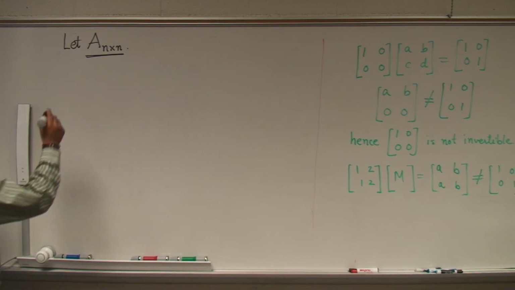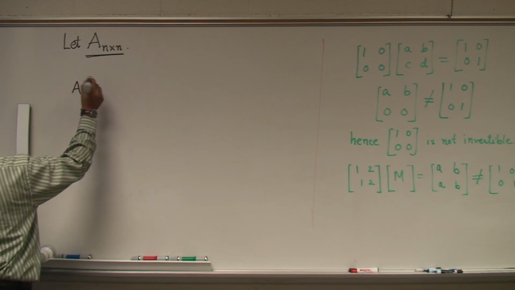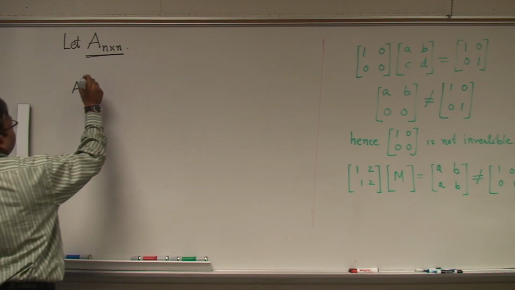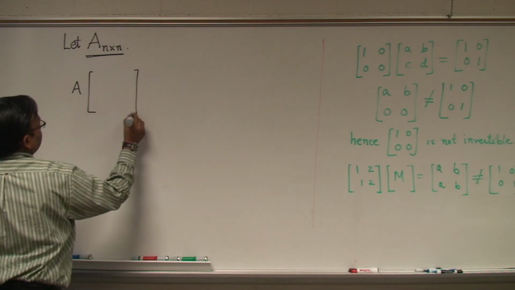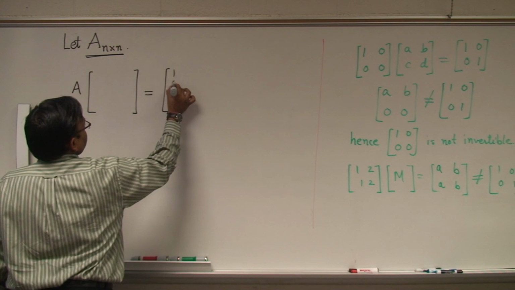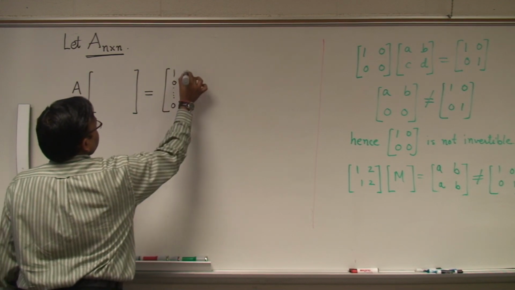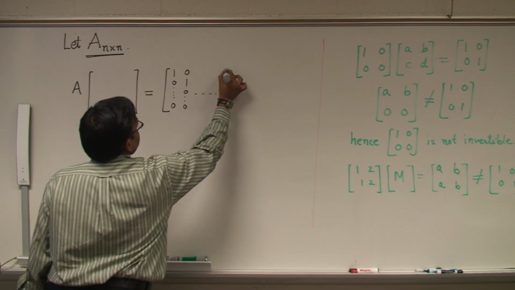Now, let's see the first criterion of an invertible matrix. If A has an inverse, that means I can multiply this guy to get 1, 0, 0, 0, 0, 1, 0, 0, and so on and so forth.